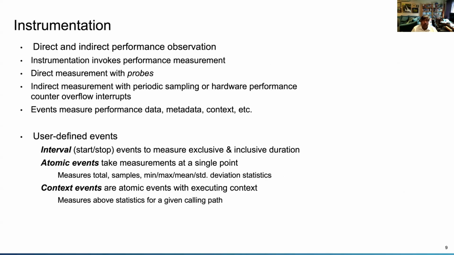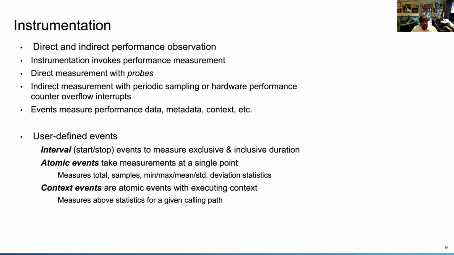And to do this, you need to add hooks. These can be direct or indirect. With direct instrumentation, you have function calls that are instrumented with a start and a stop timer with a probe. And we've all done this with, say, the gettimeofday call, right? Around loops, around functions. We also have the ability to trigger an event with some data.